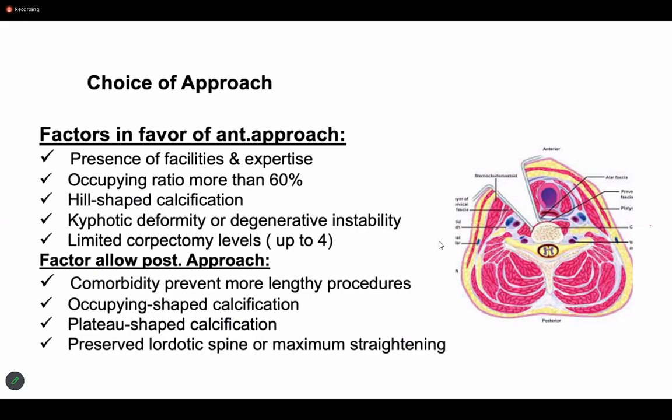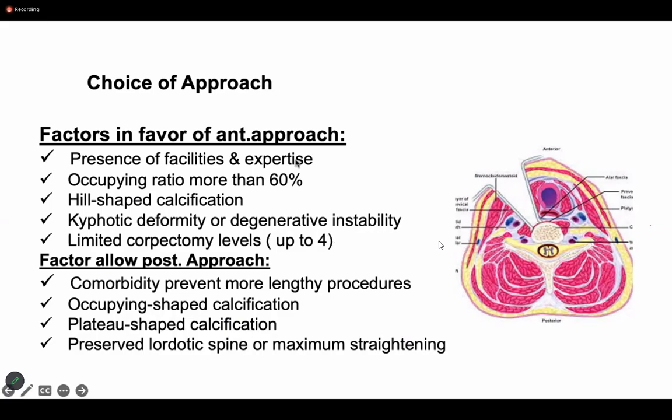There are some suggestions for choosing the approach. The anterior approach is a candidate when the occupying ratio is more than 60%, with high shape calcification, kyphotic deformity, or degenerative instability, but limited corpectomy level up to 4, but often we find 1, 2, and 3.